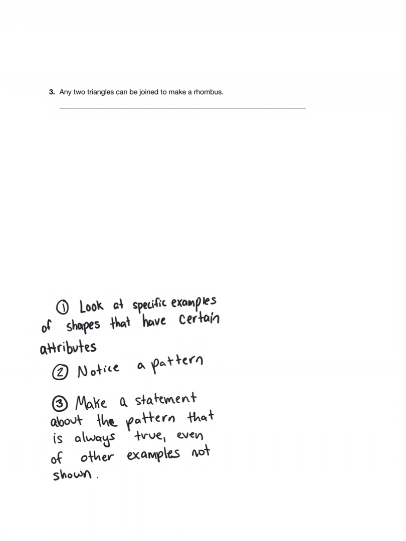Any 2 triangles can be joined to make a rhombus. I know that if we join 2 isosceles triangles together, or 2 triangles with 2 equal sides, then we will make a rhombus. So if we look here, we've got 2 isosceles triangles joined together at their 3rd unequal side, which is here.